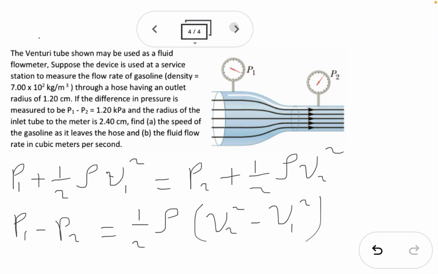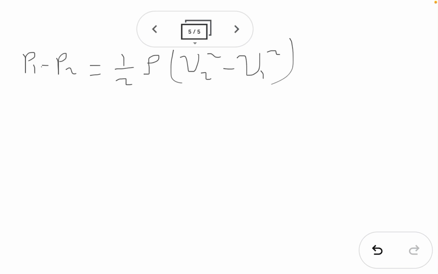So what we have is P1 minus P2 equal to 1/2 rho multiplied by V2 squared minus V1 squared. Again, when you look at this, we still have two unknowns. We don't know what V1 is, we don't know what V2 is.